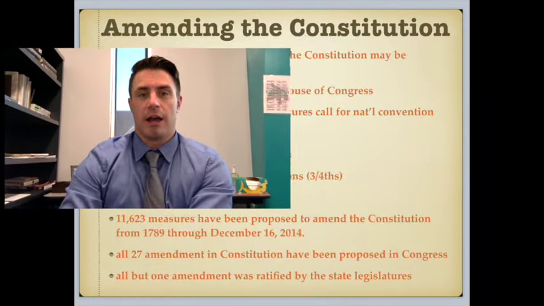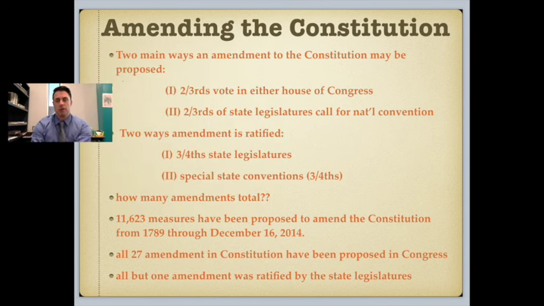But what I want to talk to you guys about today, in preparation for tomorrow's quiz and for future reference down the line, is the process of amending the Constitution. Now, first of all, there are two ways that new amendments can be proposed. The first is that either the House or the Senate, the two houses in Congress, can propose an amendment to the Constitution.